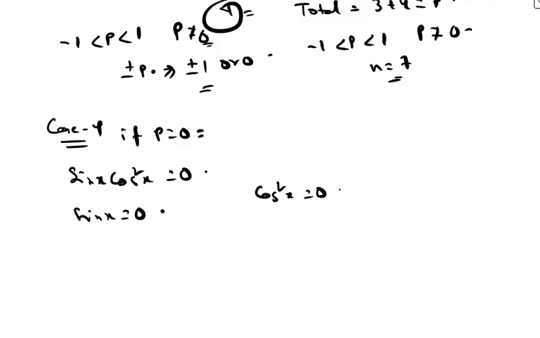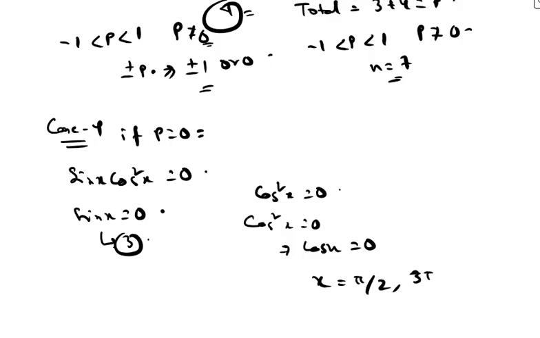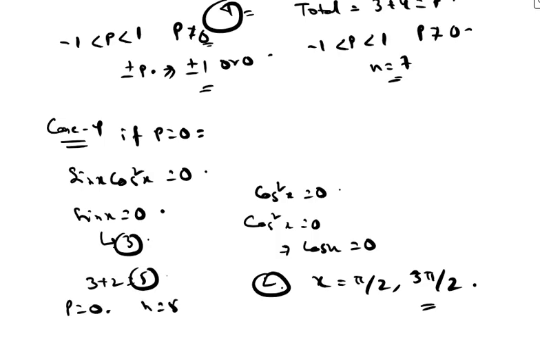Now sin x equal to 0 has 3 solutions. Cos² x equal to 0, or cos x equal to 0, means x is equal to π/2 or 3π/2. Okay, so that gives 2 more solutions. So total 3 plus 2 is equal to 5. So when p is equal to 0, n is equal to 5.